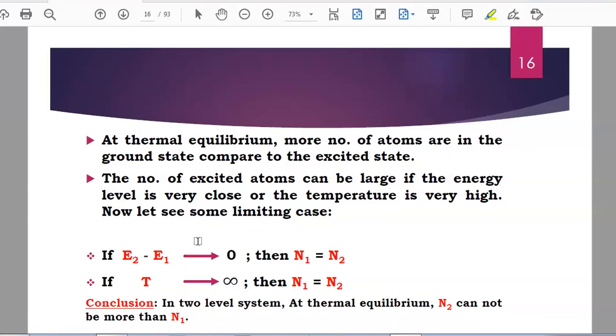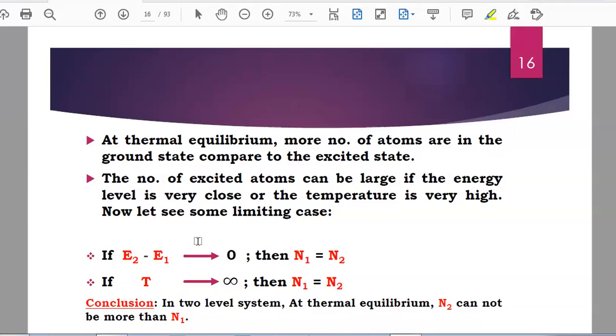That term is called population inversion. Normally the population is maximum in the lower level and minimum in the higher level, but if you inverse it, that process is called population inversion, in which the maximum number of particles are in the upper level and the minimum in the lower level.